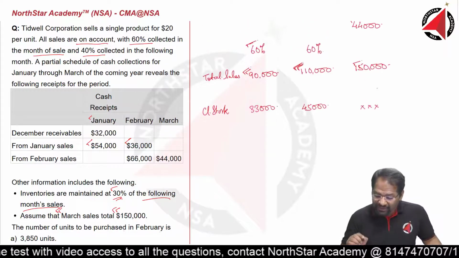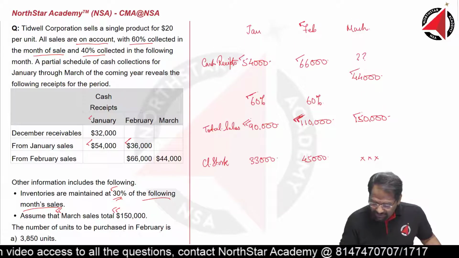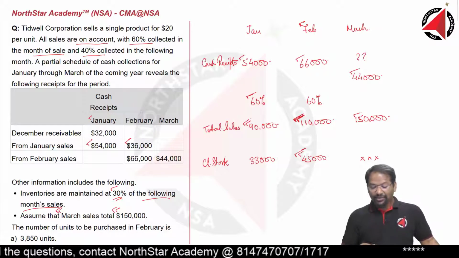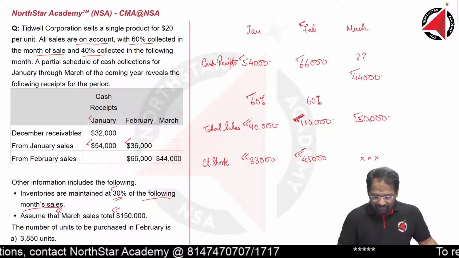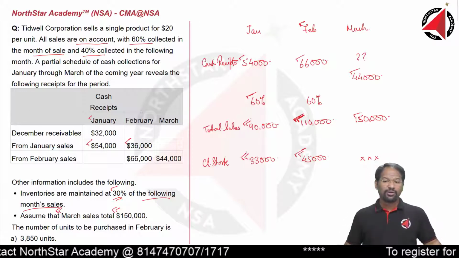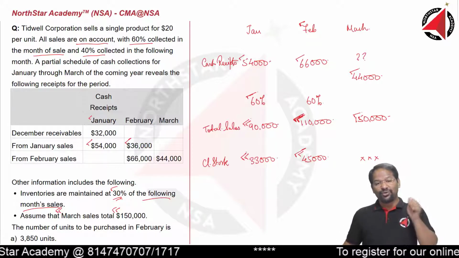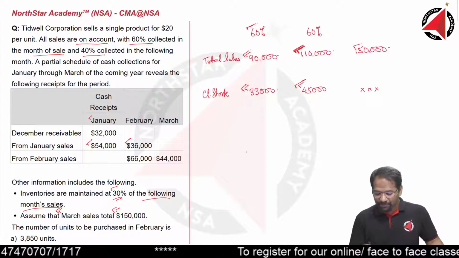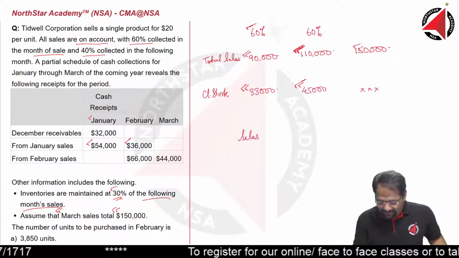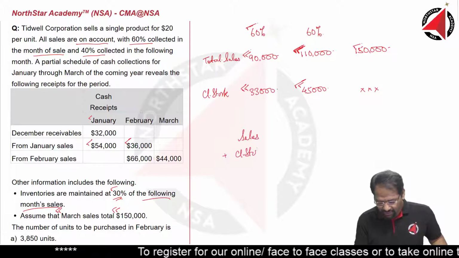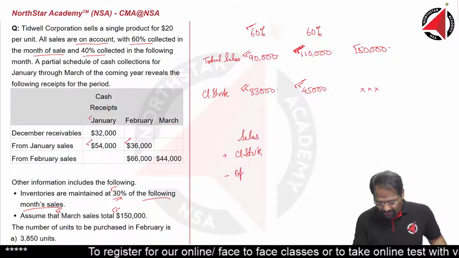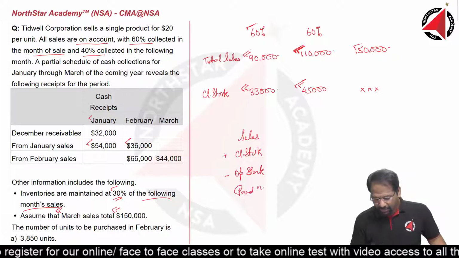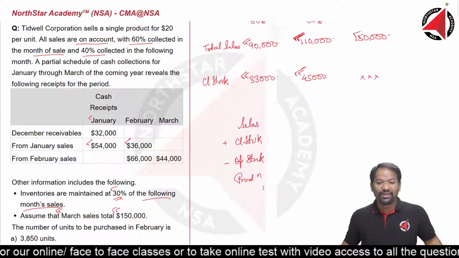Now, we know the sales for February. We know the closing stock for February. And we know the closing stock of January, which becomes the opening stock for February. Let's use the formula: sales plus closing stock minus opening stock gives production. Remember, production is here calculated in dollars.